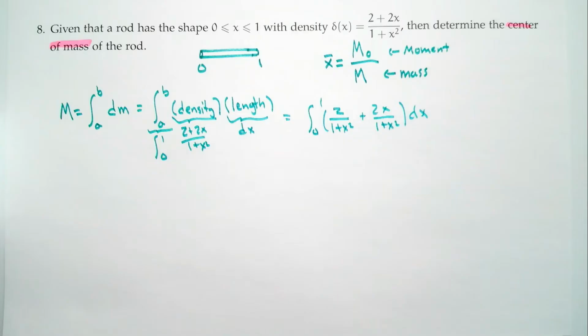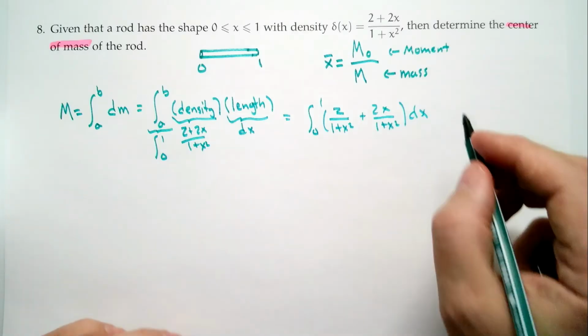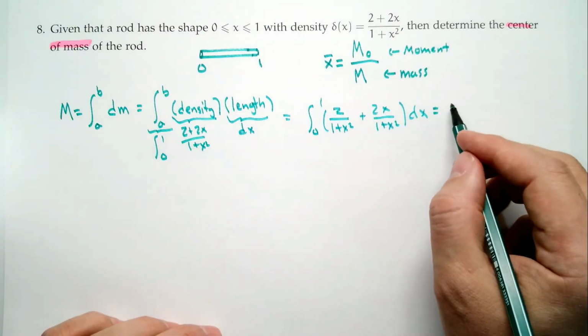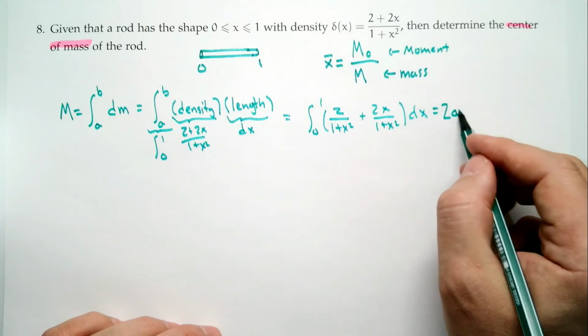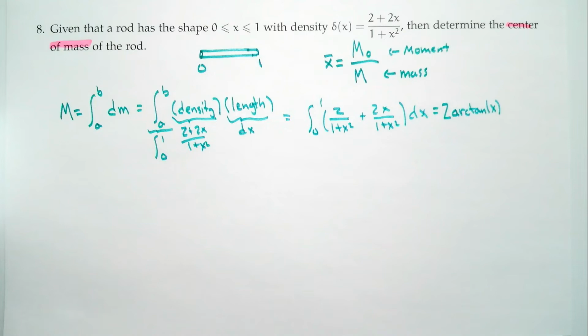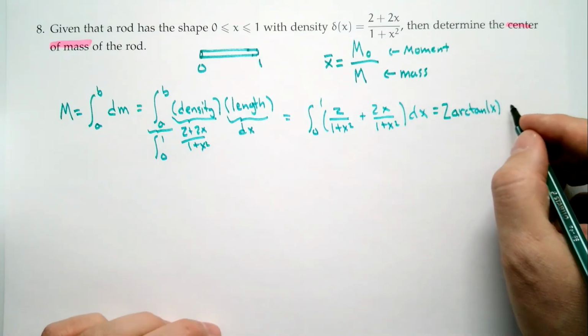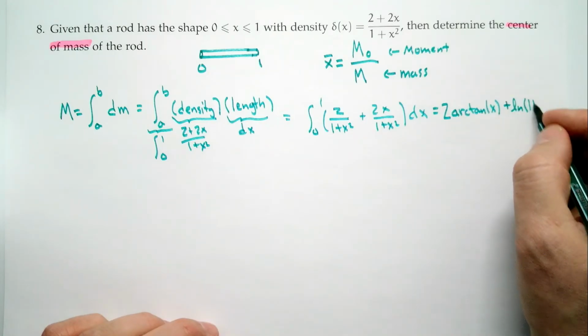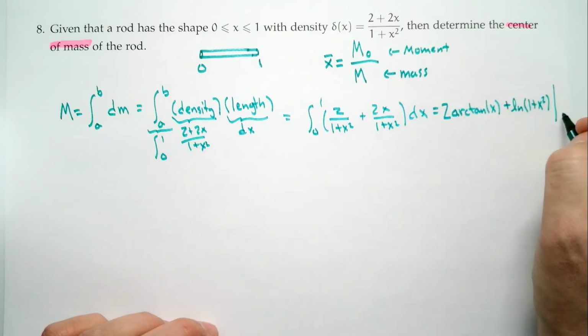What's the integral of 2 over 1 plus x squared? 2 arctangent x. What's the integral of 2x over 1 plus x squared? ln of 1 plus x squared. Evaluate from 0 to 1.